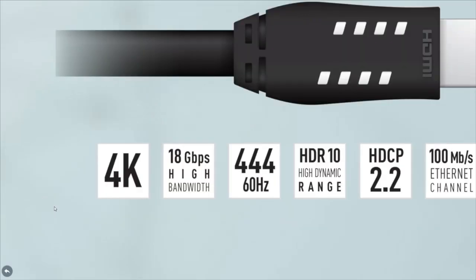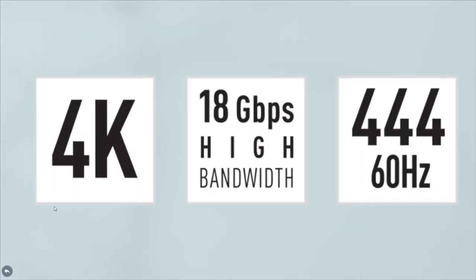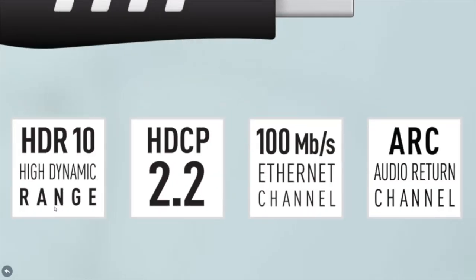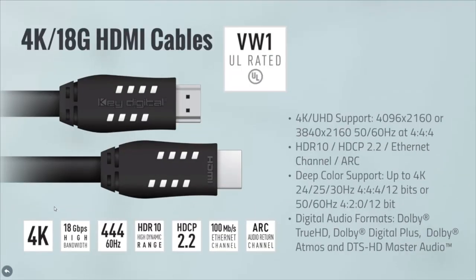The feature support will be the same throughout the board, including 4K resolution, 18 gigabits per second bandwidth, chroma subsampling up to 4:4:4, even at 60 Hertz, high dynamic range, HDCP 2.2 full compliancy and compatibility, Ethernet over HDMI, and support for audio return channel.